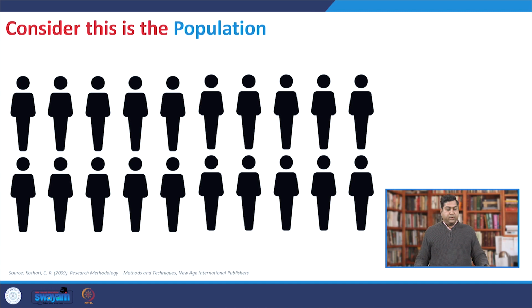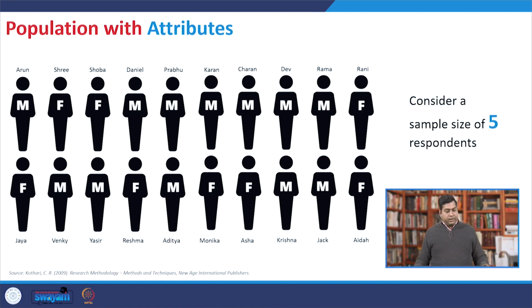Say for example that this is the population, the target population of my research. You can consider these as a human representation, and next we have names.